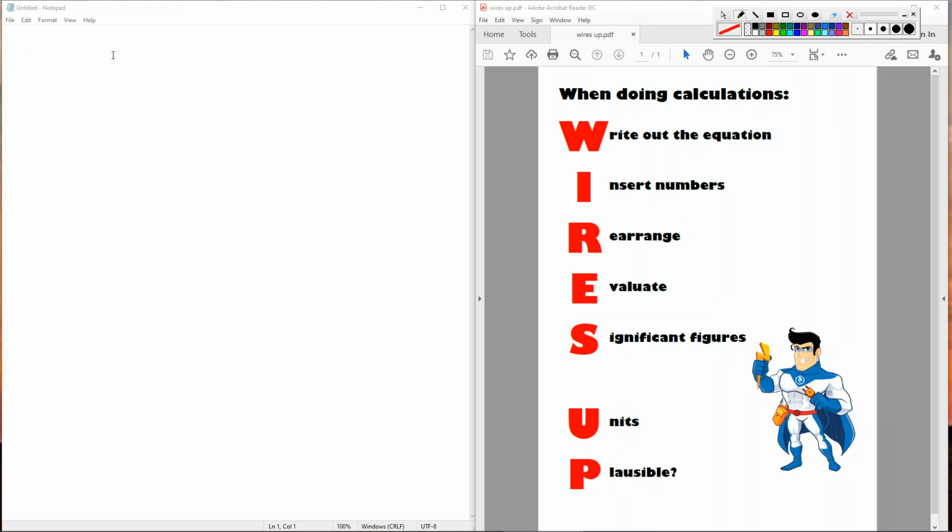And we said that we always had a unit of distance divided by a unit for time, because it was meters per second or kilometers per hour. So that gives us the idea that speed is equal to distance divided by time.